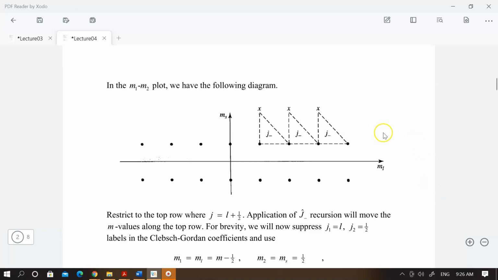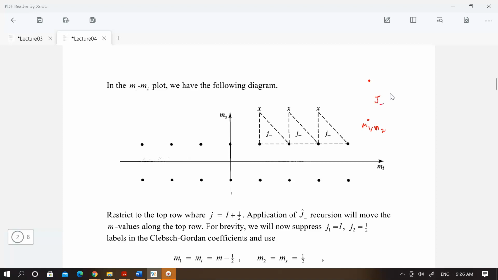So if I start, for example, at the top state, remember your earlier triangle. What we have over here is this M1, M2 state.